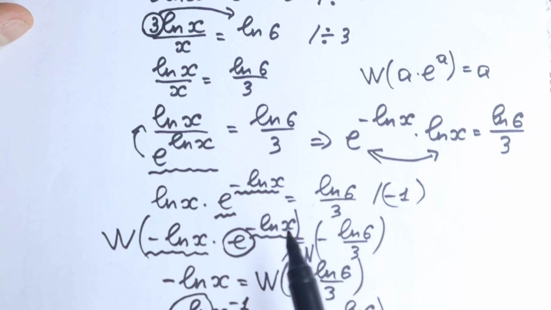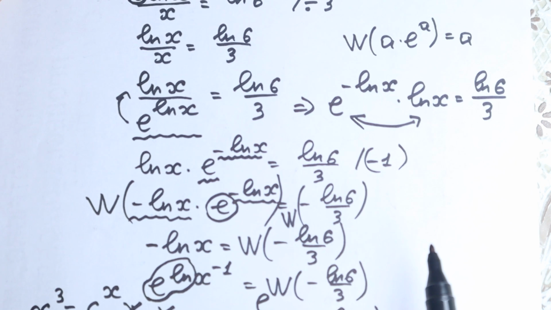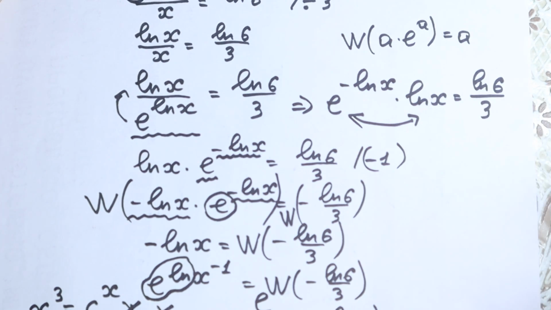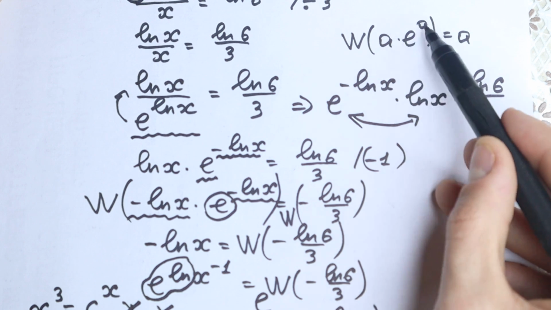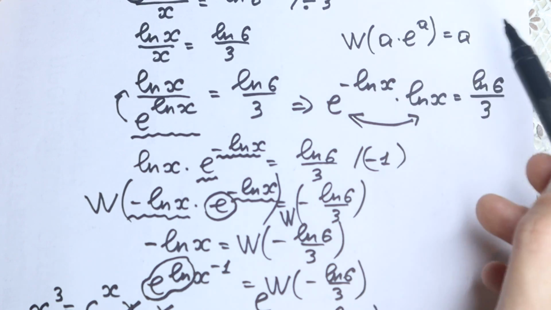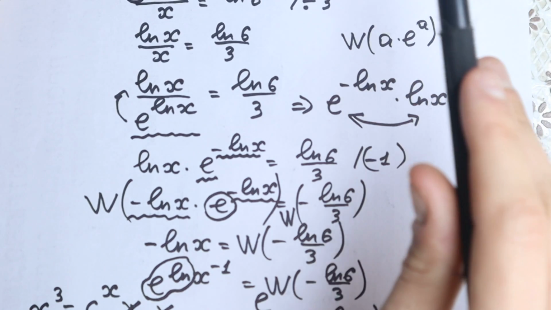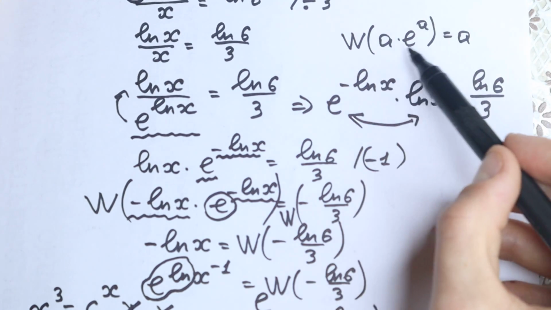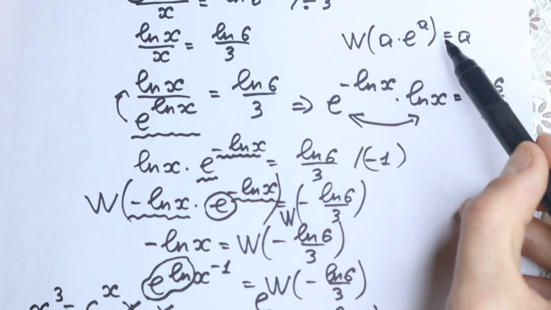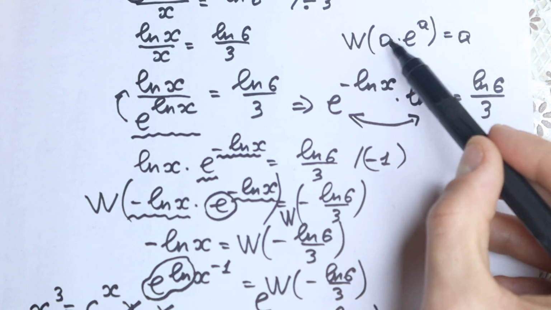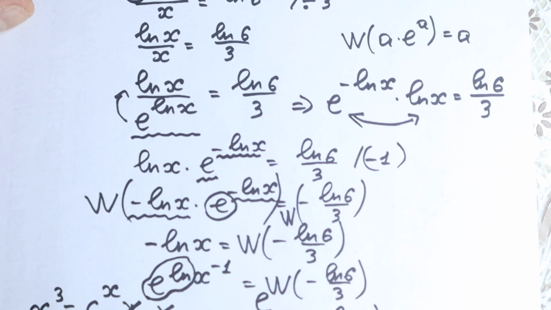Third step, we need to know about the Lambert W function. A lot of students have difficulties with the Lambert W function, but in simple words, we have an expression like a times e to the power a, where a is whatever expression you want, complicated or not complicated. If you take the Lambert W function, you have only our a, absolutely the same.